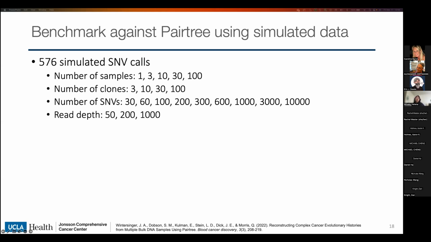So we simulated 576 SNV calls with different numbers of samples, clones, SNVs, and read depths. And this is because we want to observe how the results and time and memory requirements change with these various parameters.